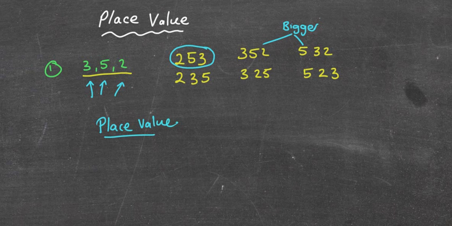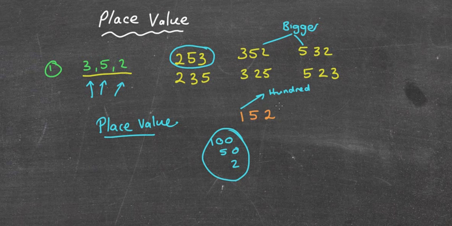Okay, now hopefully you will recognize the number. I'm going to use the number 152, and the way you say it is 152. So we've actually got 3 different numbers here. The 1 means 100. Therefore, that column we would refer to as the hundreds column.